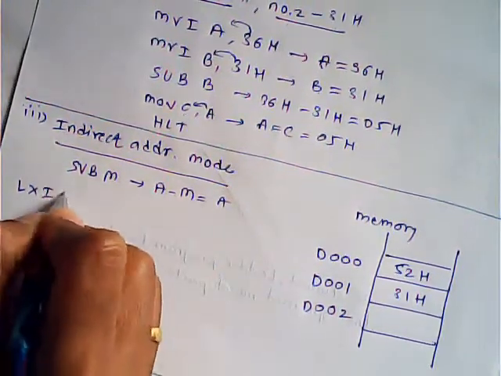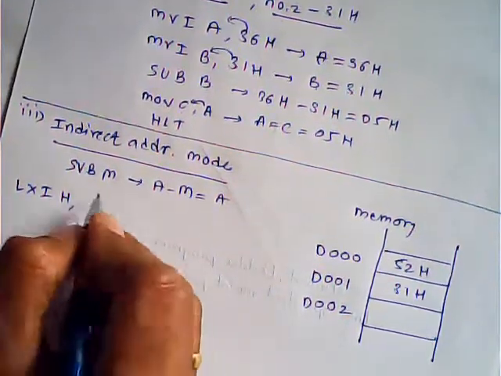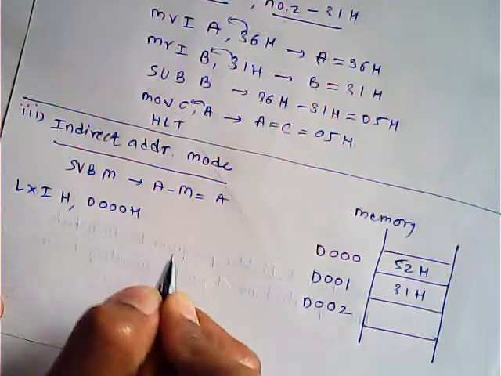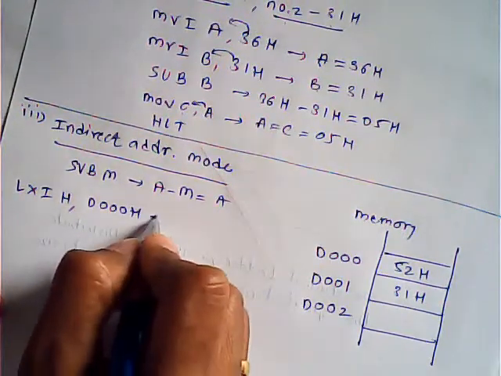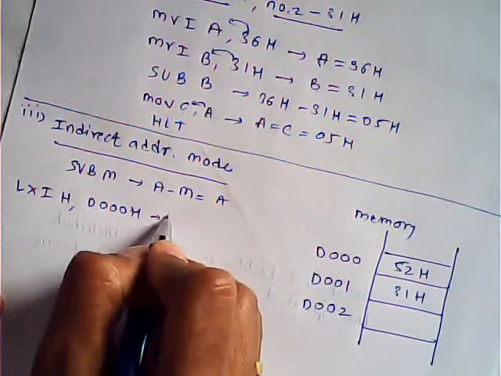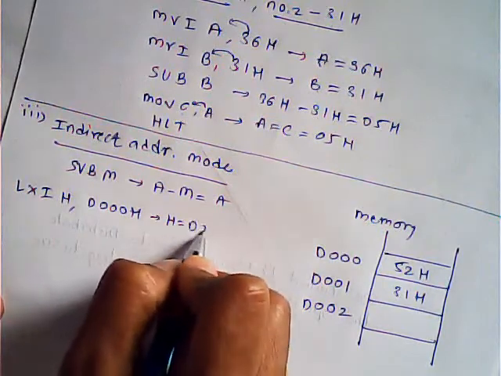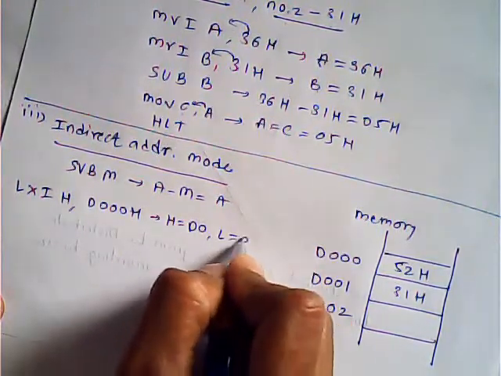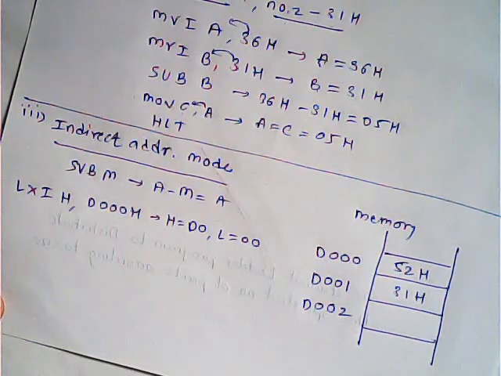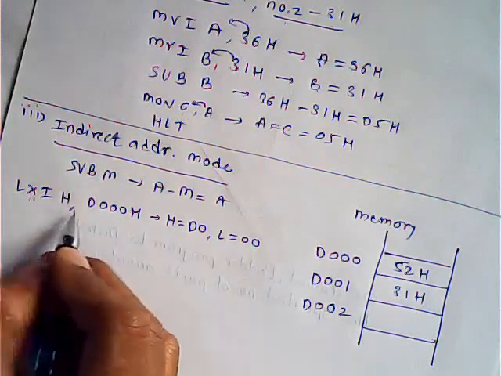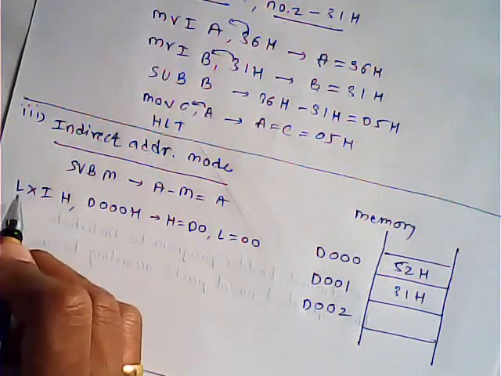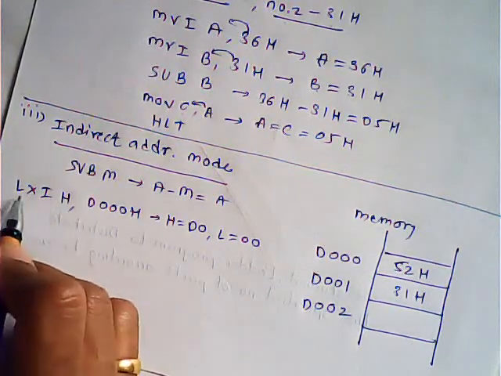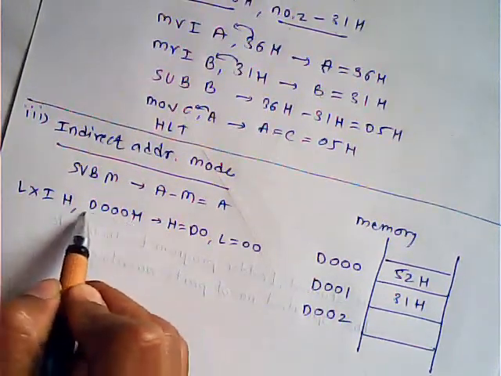So the first instruction is LXI H comma D000. After the execution of this LXI H instruction, in the H register you will get D0x, and in the L register you will get 00x. LXI means load 16-bit immediate data.